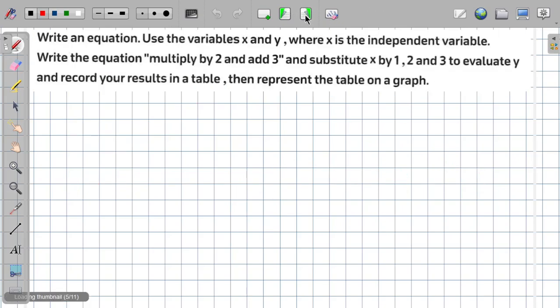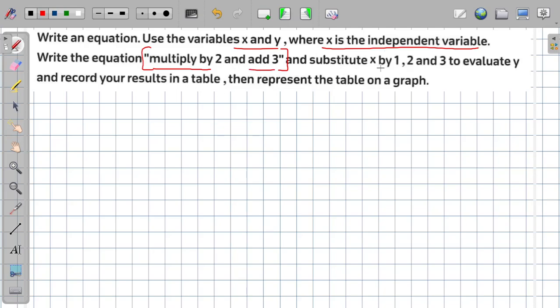let's try another one. I have, write an equation, use the variables x and y, where x is the independent variable. Write the equation: multiply by 2, then add 3. Multiply by 2 and add 3. So I will multiply first, then I will add 3.